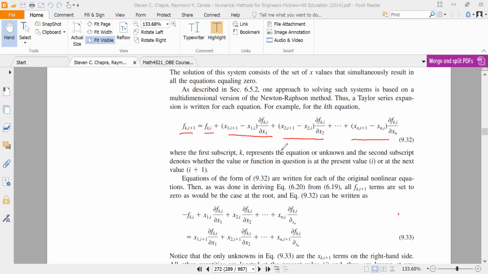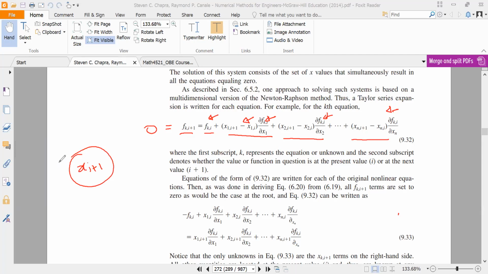Okay, in this case, what will happen? Your f value will be known to you, and your x value, the previous iterative value, will be known to you. The derivative at the previous point will also be known to you. And if this is equal to 0, that means your next value i plus 1 is the solution of your system of equations.